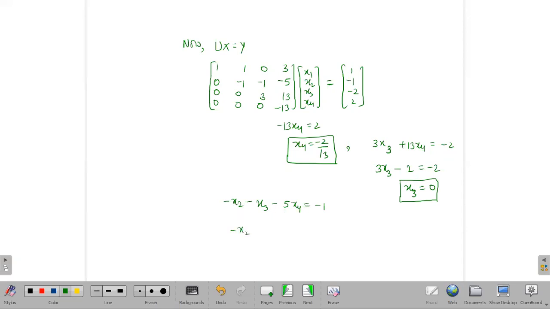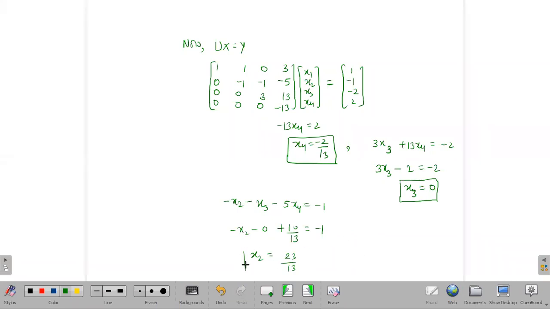So minus x2 minus 0 plus 10 by 13, which is equal to -1. So x2 will be 23 by 13, positive.